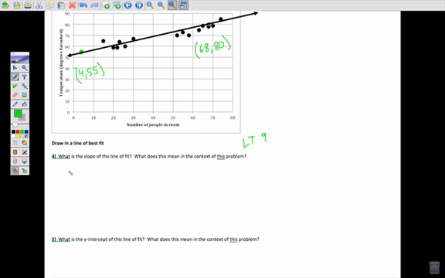To find the slope then, remember this is change in y over change in x. 80 minus 55 over 68 minus 4. That gives me a slope of about 25 over 64.